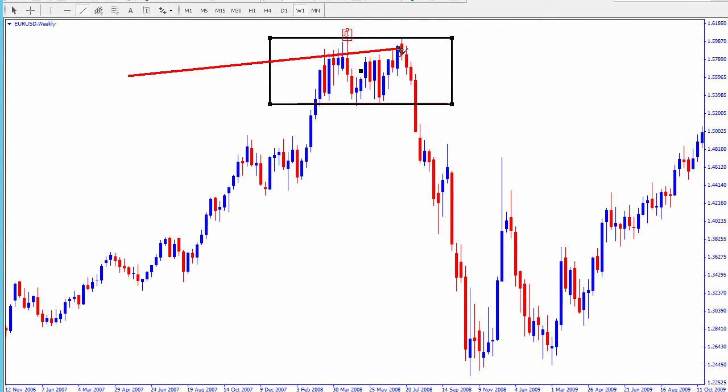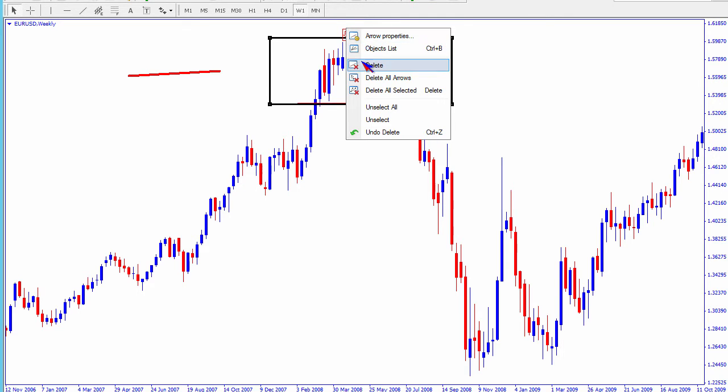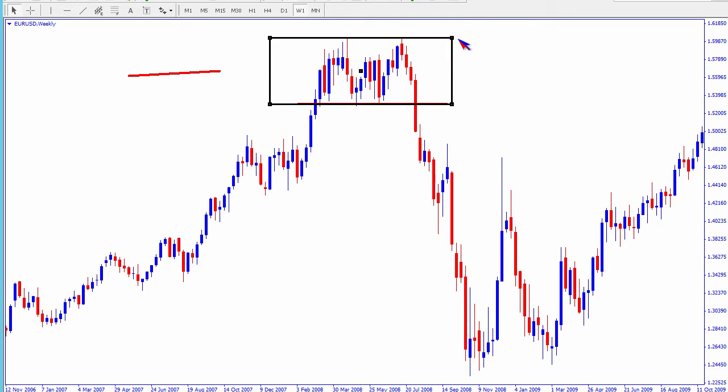This bar moved away from this, and this is a weekly chart. A lot of times you're going to see market highs and lows come off of these tests, these double tops, double bottoms, or what they call a failed test.